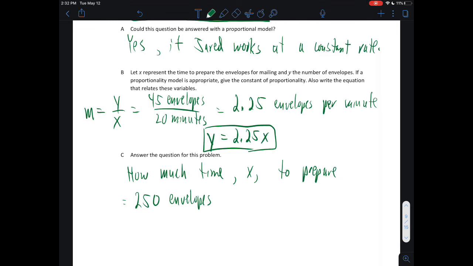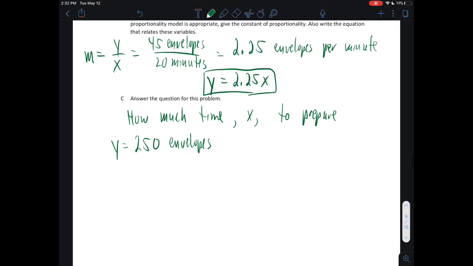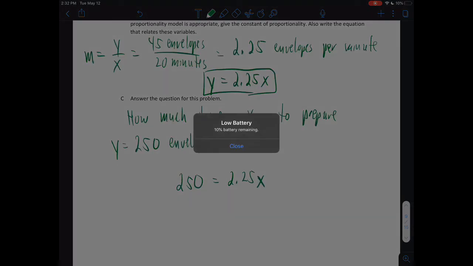Notice here, 250 is a value of Y. So this means you're actually plugging in 250 for Y. You're setting that equal to 2.25x, and you're trying to figure out what x is equal to.